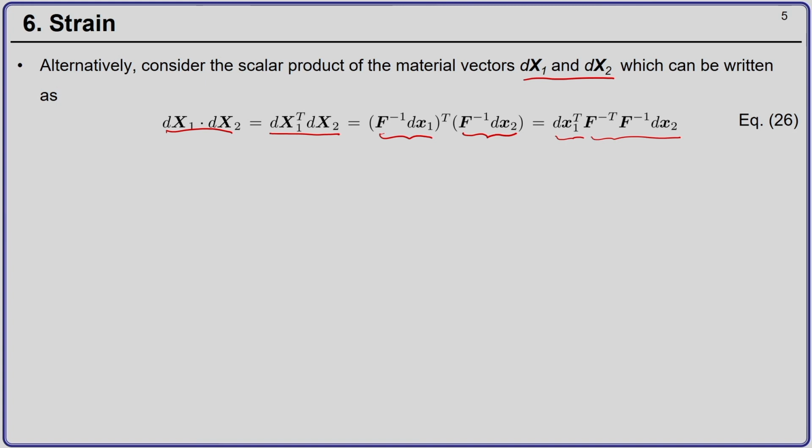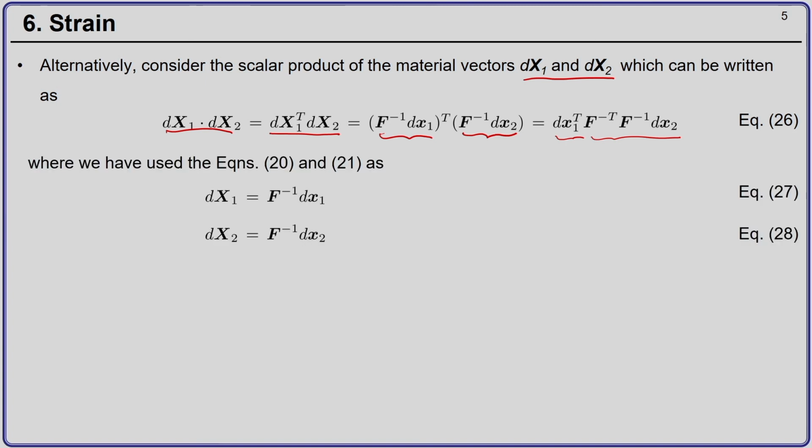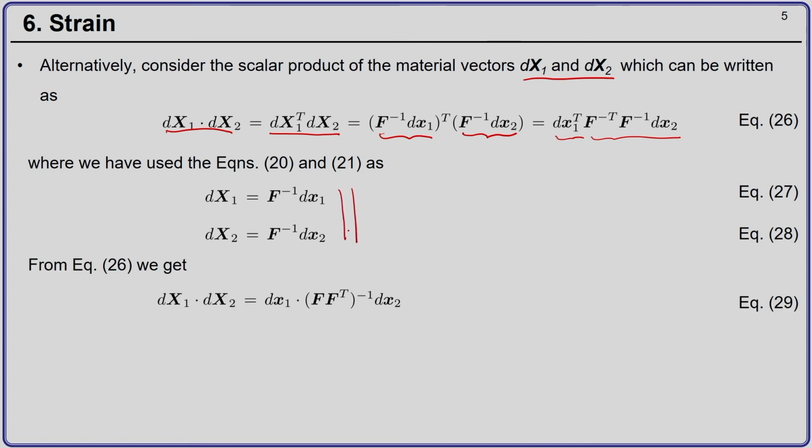So, we have used equations 20 and 21, and therefore, we get the dot product or the scalar product of the material vectors as dx1 dot f transpose inverse f inverse dx2.